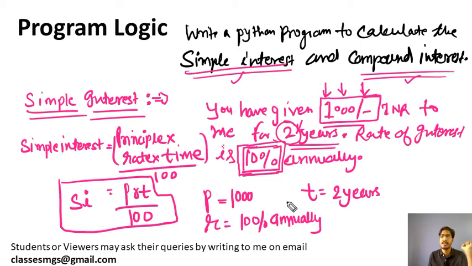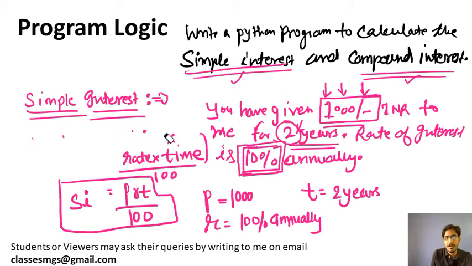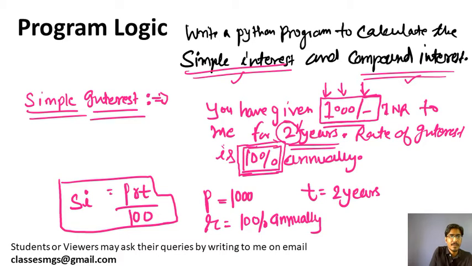So now I can calculate the simple interest by putting all these values into this formula. Simple interest equals 1000 is the principal amount, rate of interest is 10, times 2 years, divided by 100.